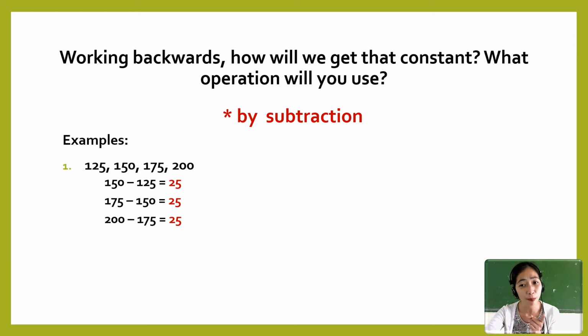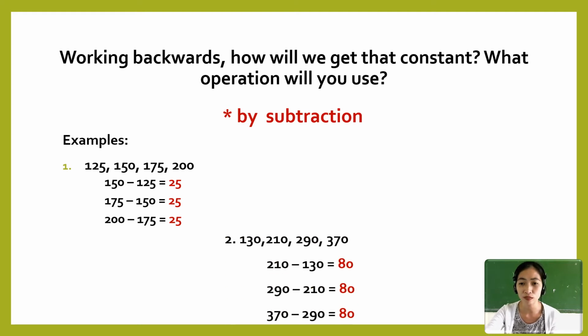Say for example, in number 1, you have 125, 150, 175, 200. To get that constant 25, we subtract backwards each pair. So 150 minus 125, 175 minus 150, 200 minus 175, so you got 25.